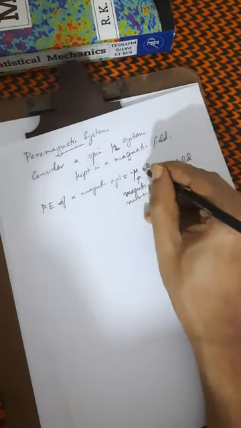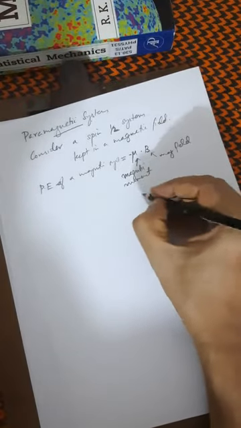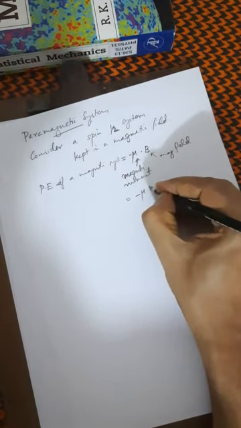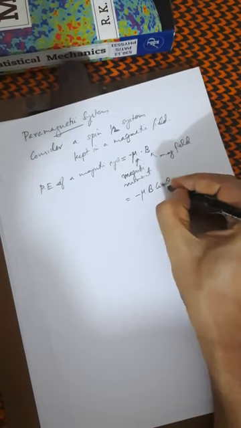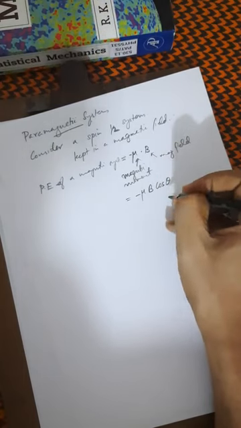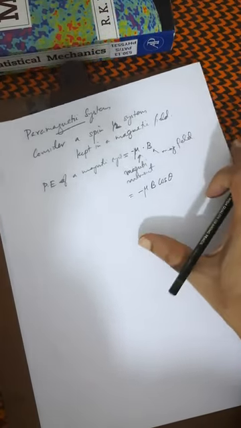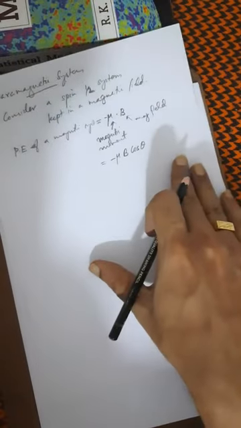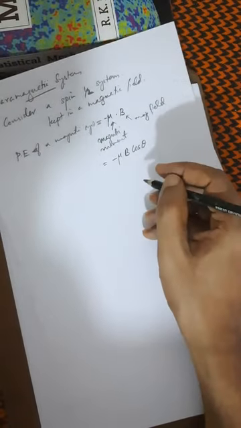So minus mu dot B, or you can write it as minus mu B cos theta. So this is how you will define the potential energy of a magnetic system.